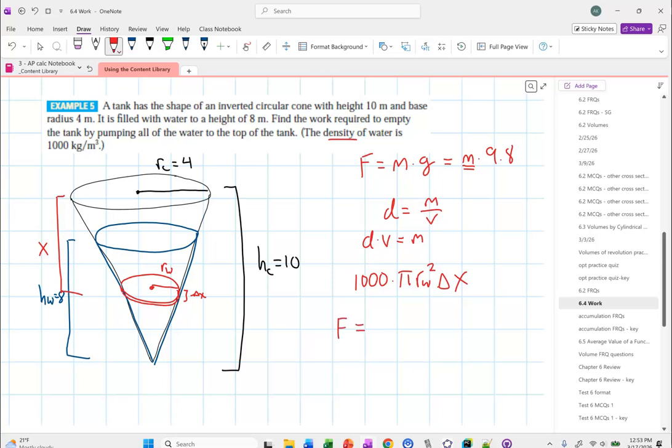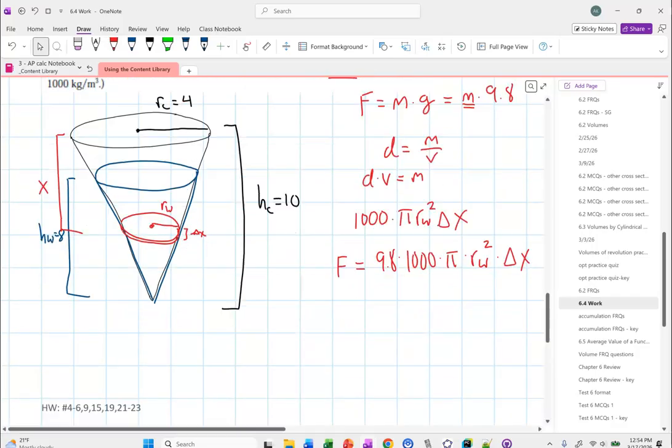So my force should be 9.8 times 1,000 times pi r squared times delta x. Is everybody okay with that? Okay.